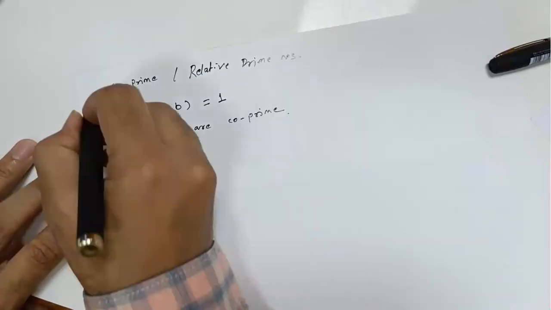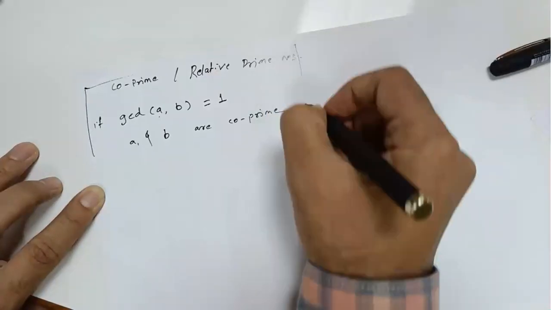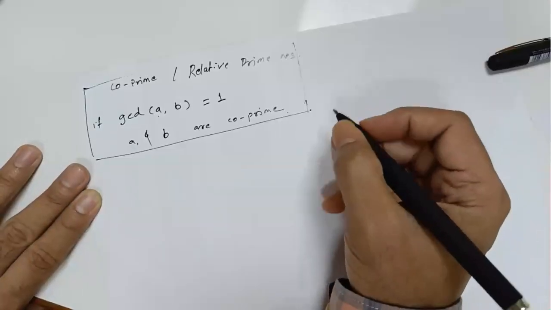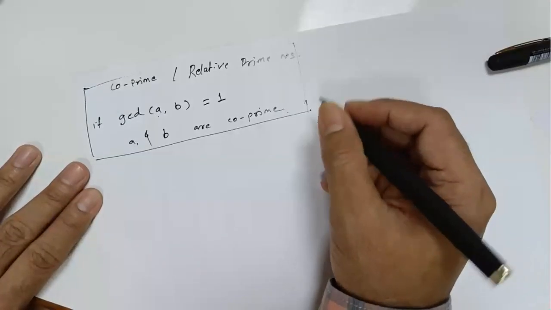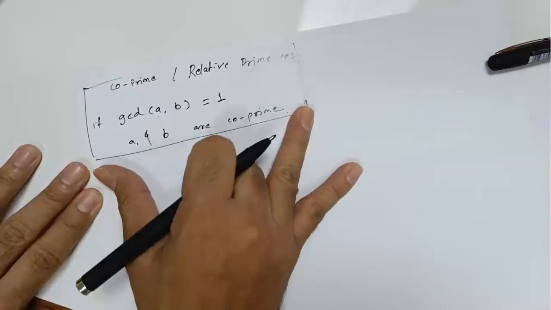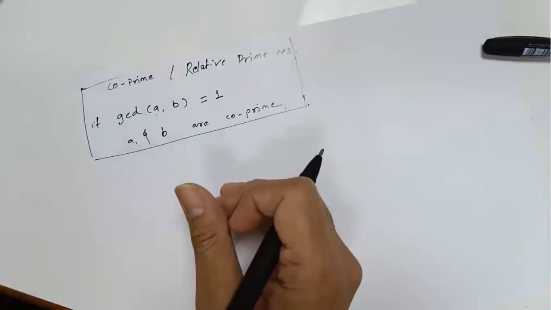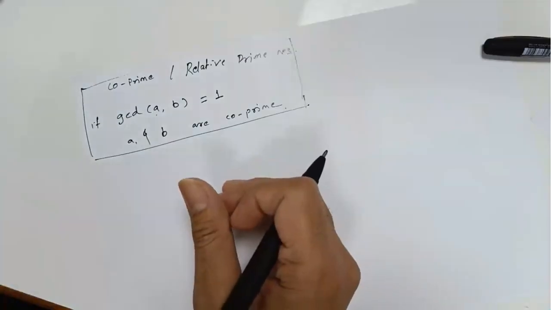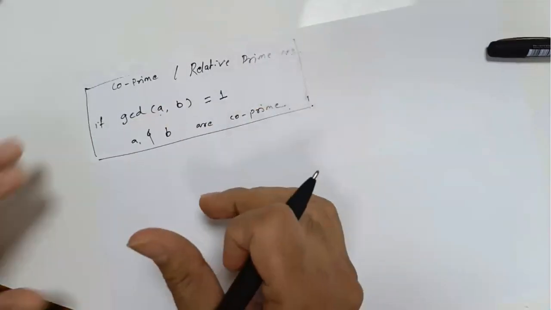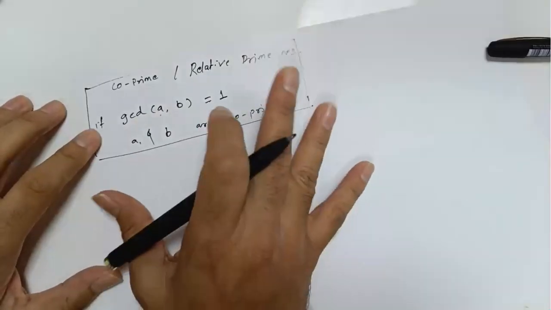This is a very important concept that is necessary for cryptography. How this concept is used in cryptography or in mathematical algorithms, I'll give you that idea, but just remember this statement.